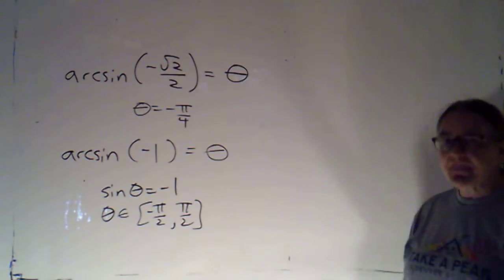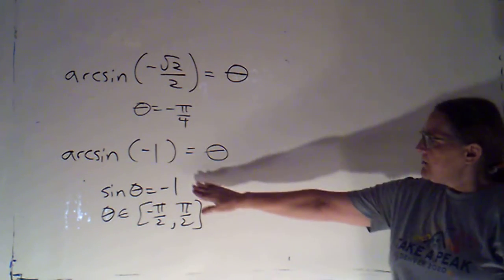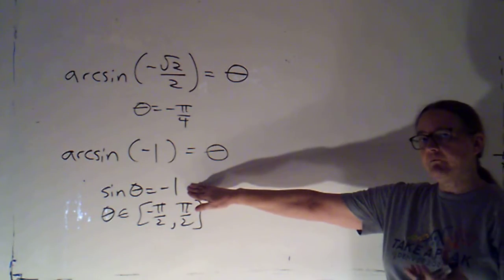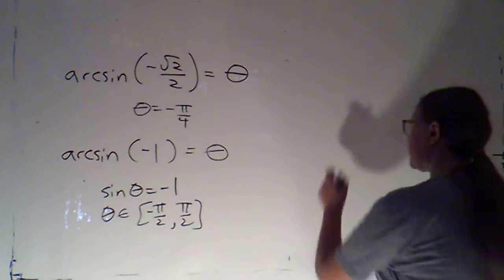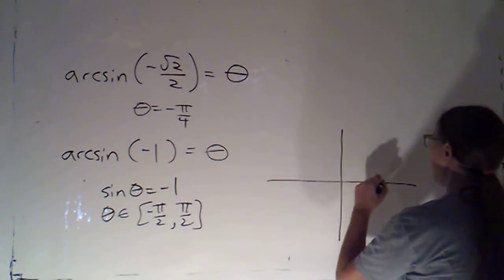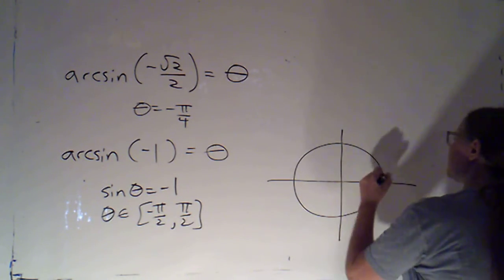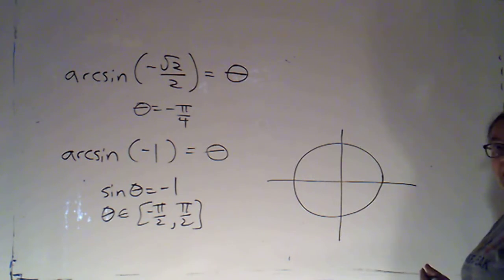Now, usually I would think in terms of quadrants, but I recognize that negative 1 is a very special value. I only hit that at quadrantal angles. So I'm not going to be in either quadrant 1 or 4. I'm going to be on the boundary.